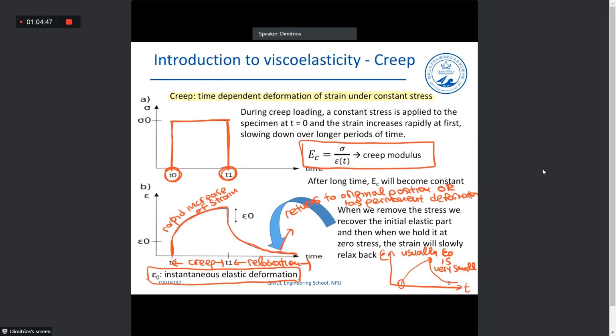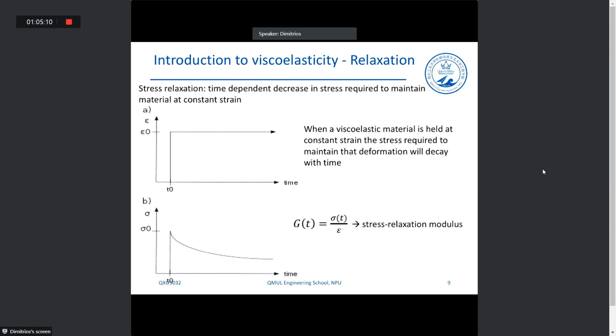We have a constant stress, and we examine the behavior in terms of strain. Okay? Now, relaxation is slightly different. In this case, we have a constant strain.